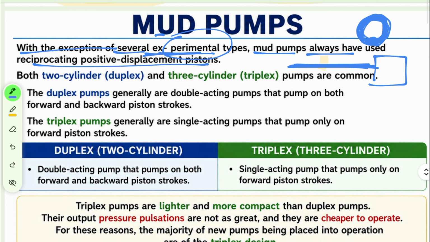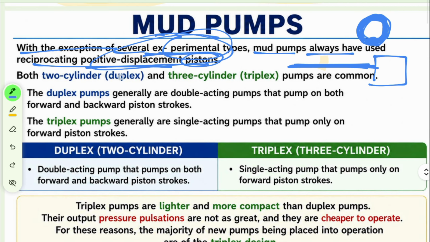That reciprocating pump is called a positive displacement pump, right? It is also called positive displacement piston pump. So this positive displacement pump or reciprocating pump is divided into two types, right?